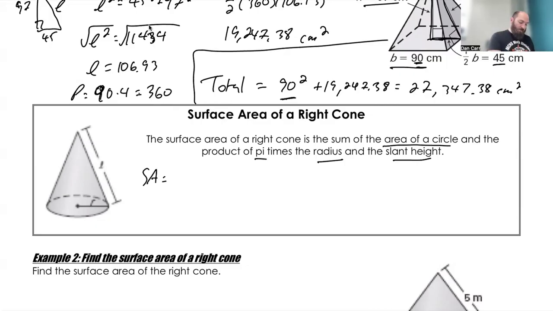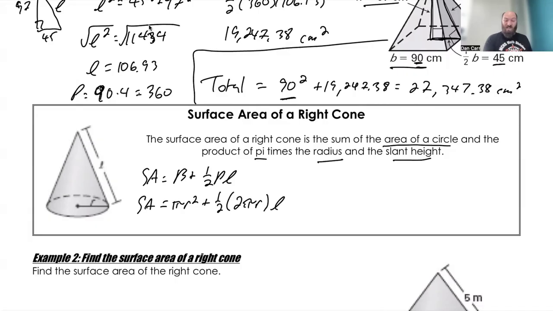If I start with the formula, B plus 1/2 PL, remember B is pi times r squared because that's the area of a circle. The perimeter of a circle is 2 pi r, and then we multiply it by slant height L. So 1/2 times 2 is going to cancel that out. So what we get is pi r squared plus pi RL. That's what we're describing in our formula here.